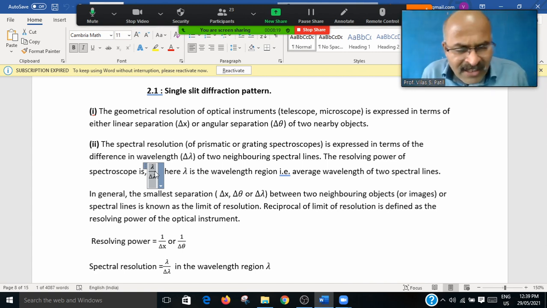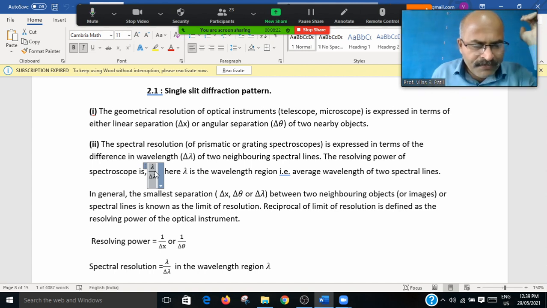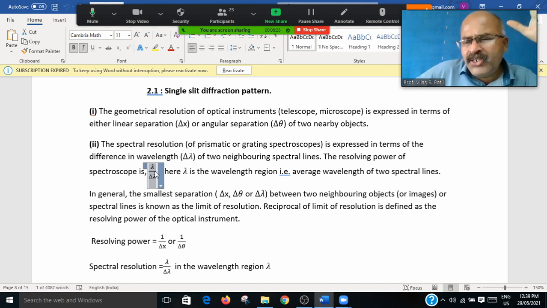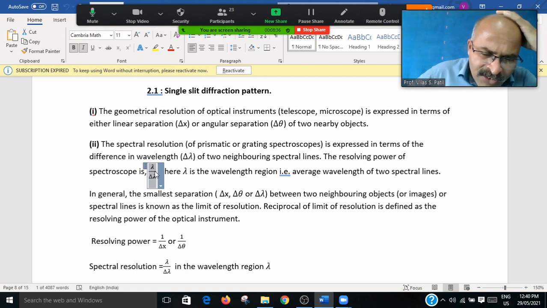In general, the smallest separation, smallest angular separation, or smallest change in wavelength between two neighboring objects, images or spectral lines is known as the limit of resolution. The reciprocal of the resolution is defined as the resolving power.